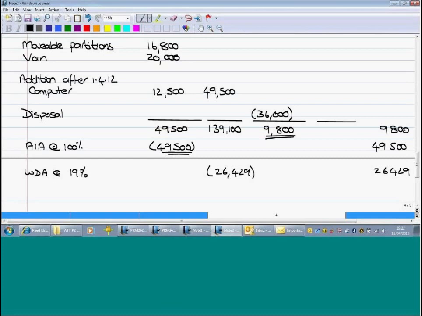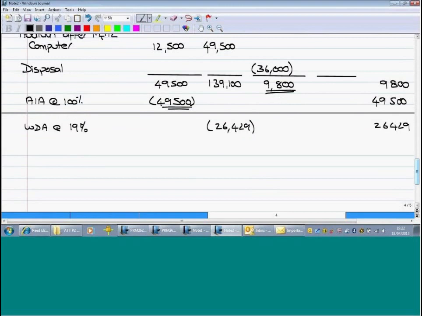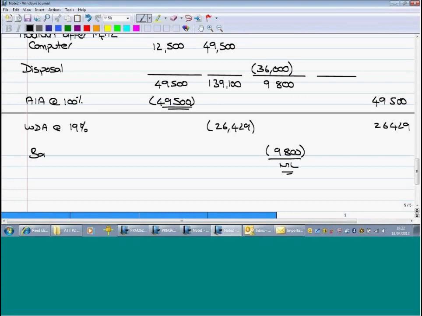Alternatively, you can show that column being brought down to nil and take away the £9,800 from that column, but what you've got to remember is if you were to deduct the 9,800 to bring that column down to nil, that is a balancing allowance, and therefore I've got to show that as an allowance, as a positive number in my capital allowances column. Do whichever you prefer.